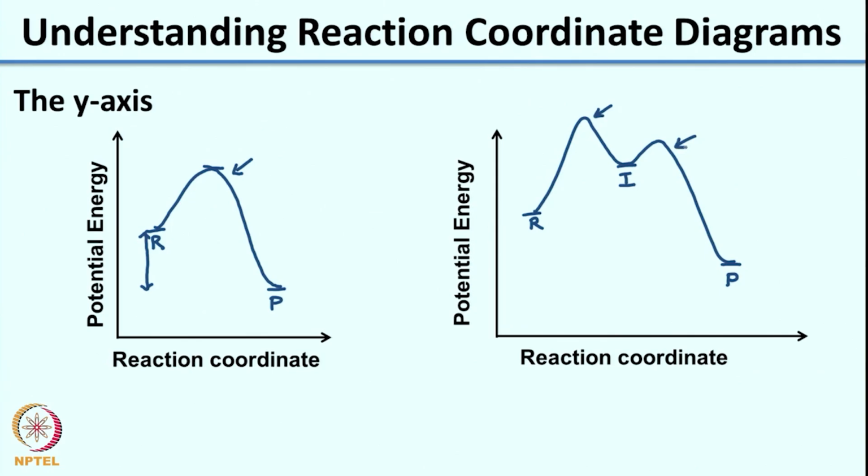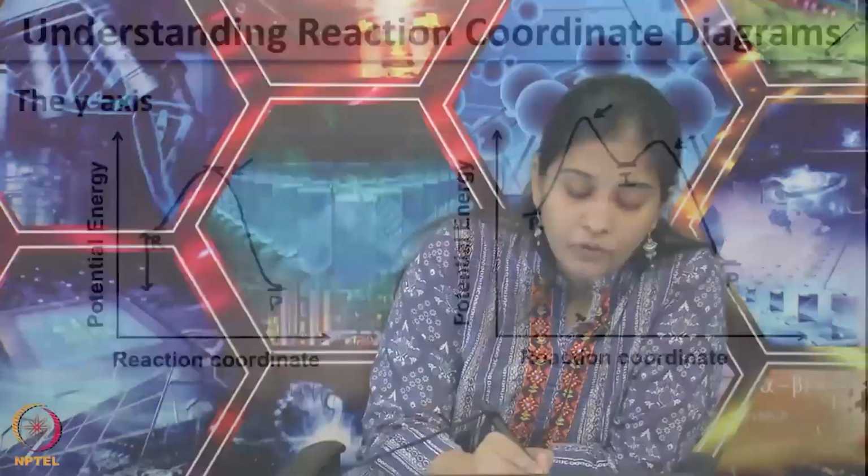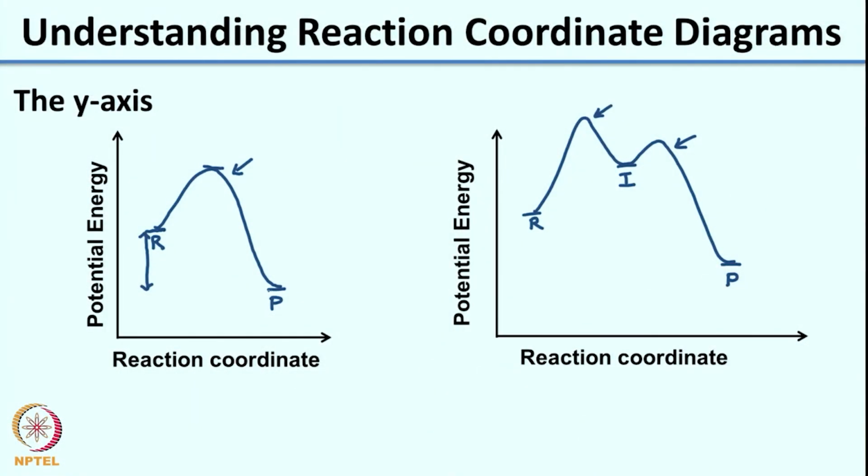So, what exactly do these hills mean? We are looking at the y axis, which is energy. Based on the y axis, one thing that you understand is, when you are going from this R to this P, you need to cross one hill. When you are going from this R to this P, you need to cross two hills, correct?